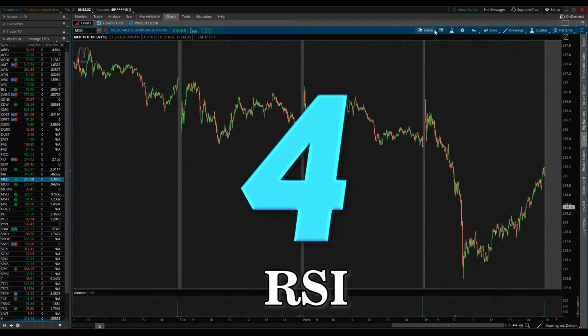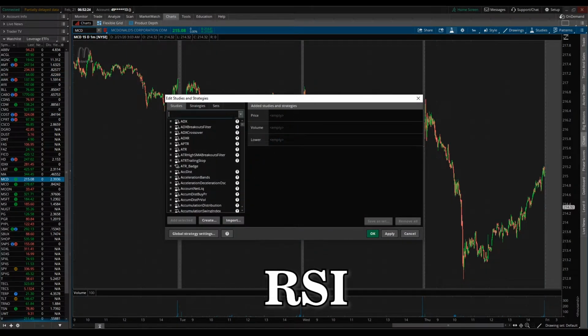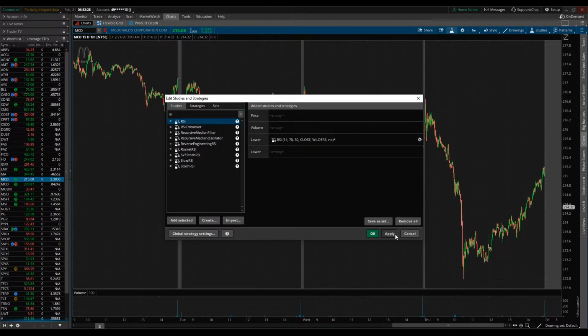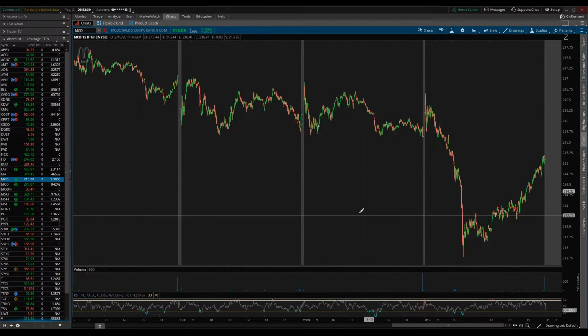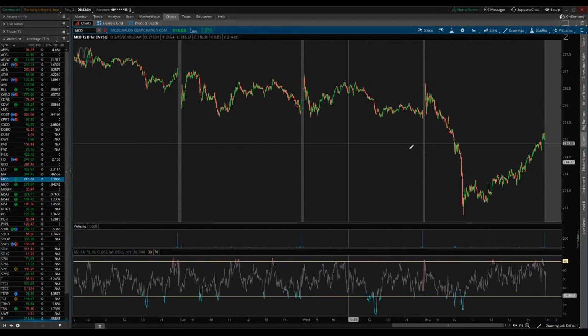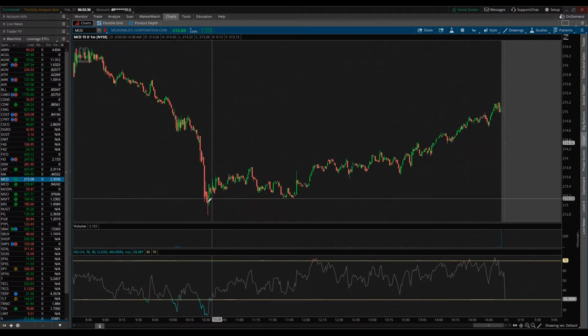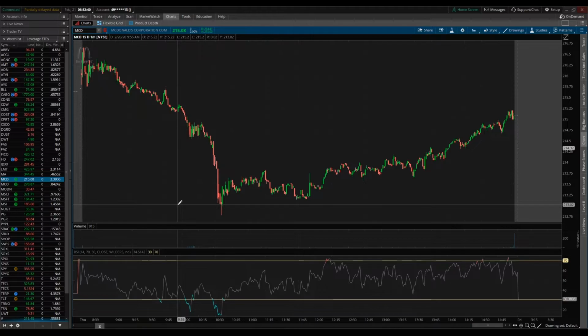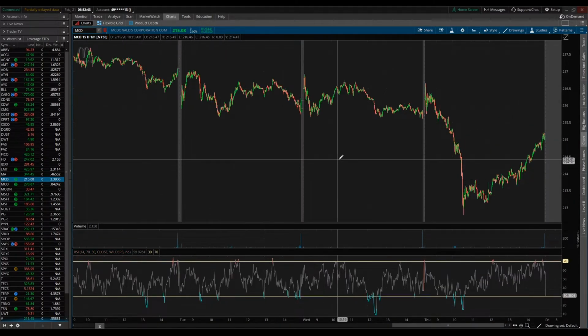Number 4 is RSI. RSI, or Relative Strength Index, strategies are majorly used to determine stock performance. This is done by comparing the strength of a stock during the time it was up versus when it was down. The range of this number is between 0 and 100. Bullish and bearish are the terms commonly used in this strategy.